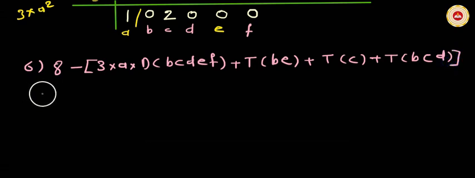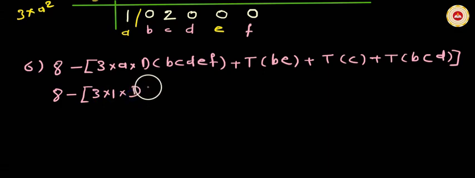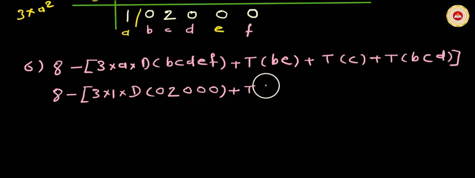Now let us calculate it, which gives us 8 minus 3 multiplied by A. What is A? 1. Multiplied by duplex of BCDEF, that is 0 2 0 0 0, plus triplex of BE.